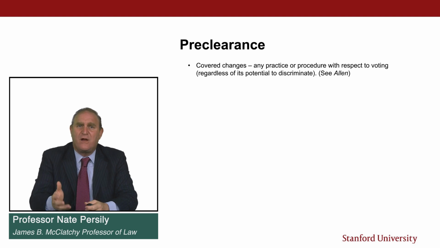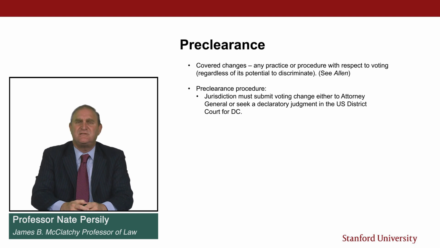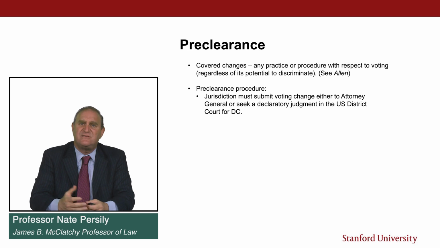And as I said before, usually you just file paperwork with the Attorney General, and almost all of those changes were pre-cleared. The ones where the DOJ or the district court would take a much closer look would be redistricting plans, voter ID laws, similar things like that.